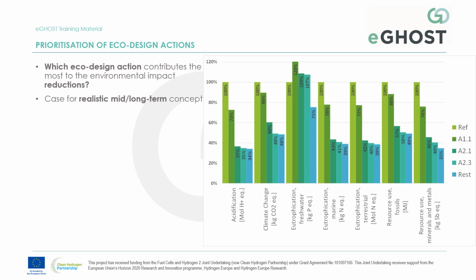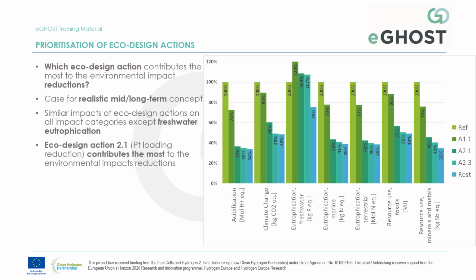This is the case for the realistic mid to long term concept, and we have quite similar impacts of ecodesign actions, except for the eutrophication, where basically one ecodesign action, which is in this rest category, contributes the most to the reduction.